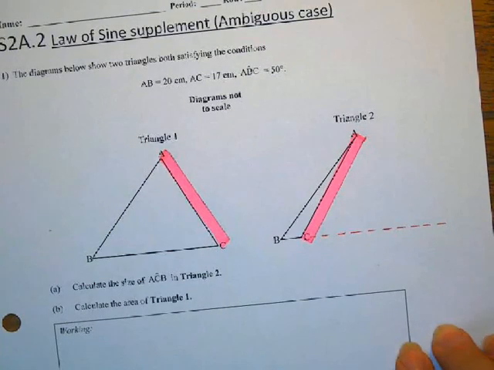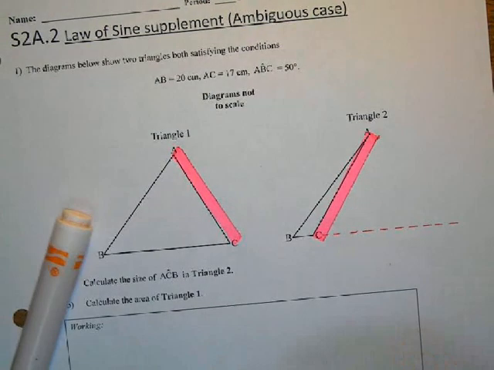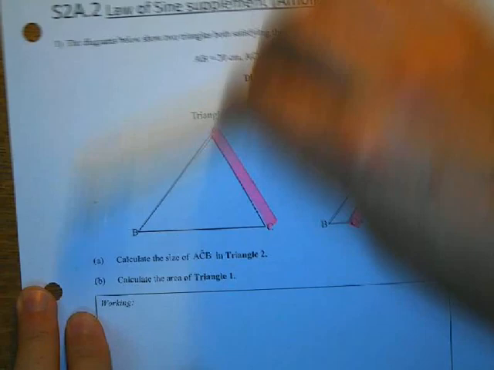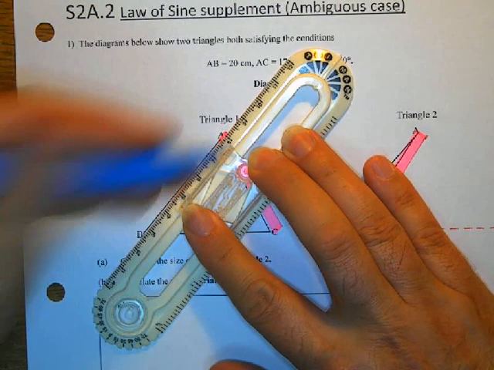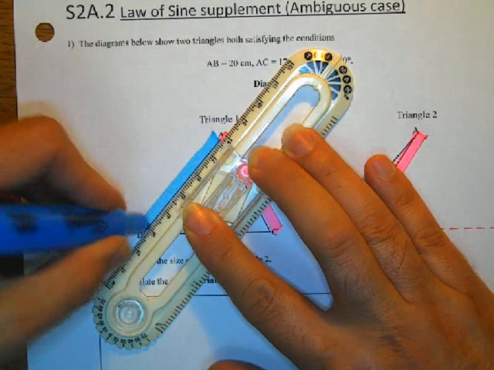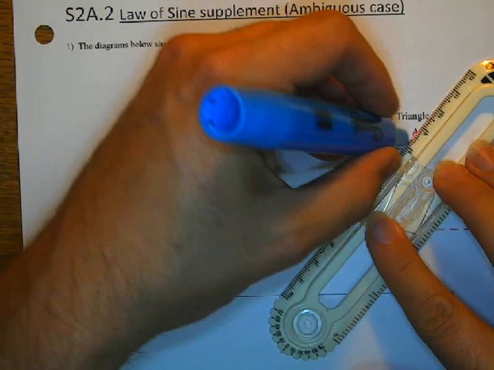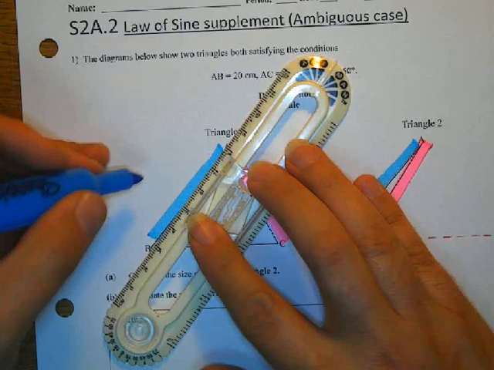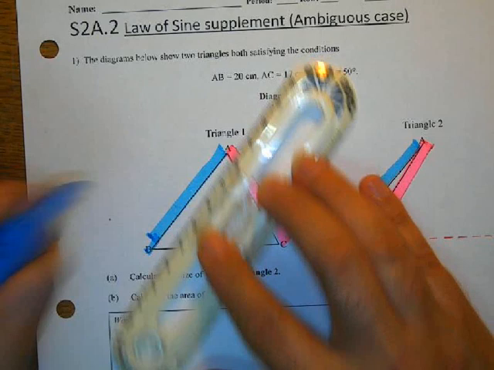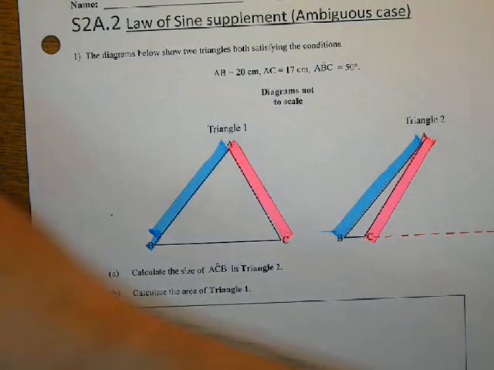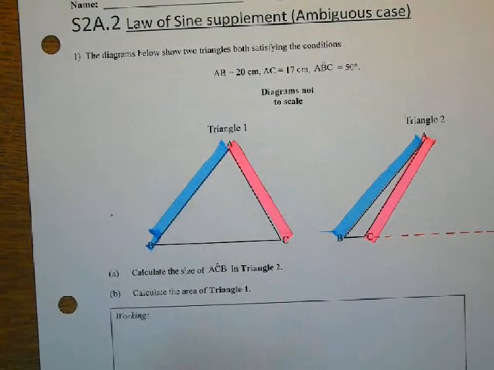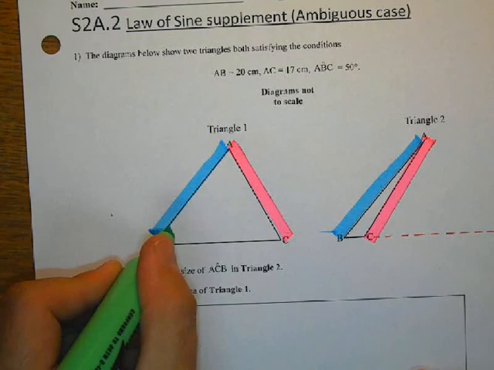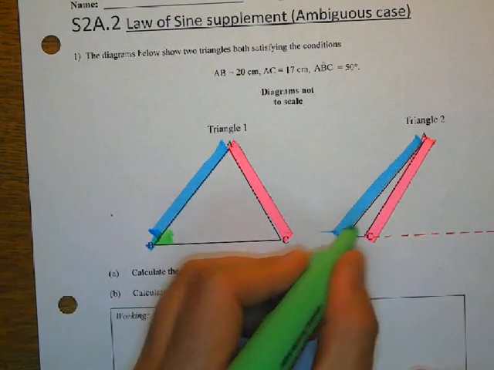We also know that that's the same length as this, and that this angle here is the same as this angle here.